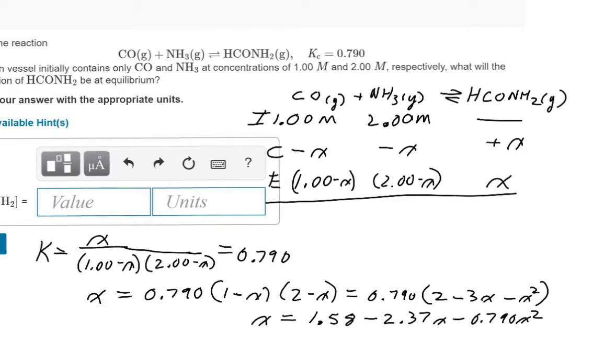Now I need to get it equal to 0, so I'm going to have to subtract x from both sides. I do that. I get 0 equals 1.58 minus 3.37x minus 0.790x squared.